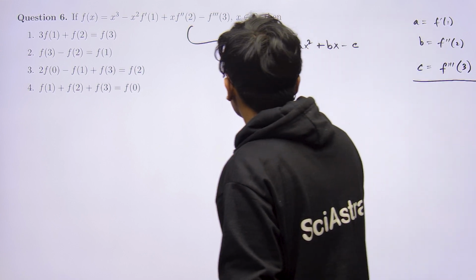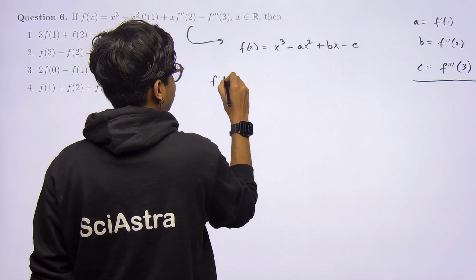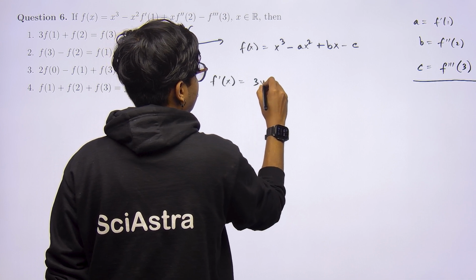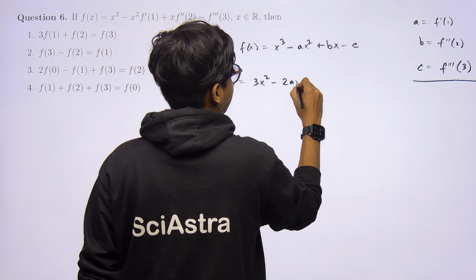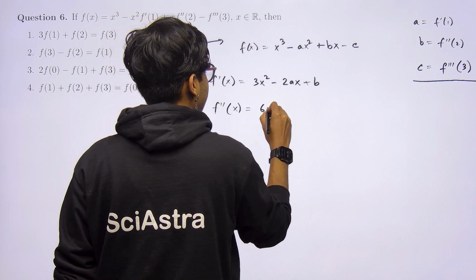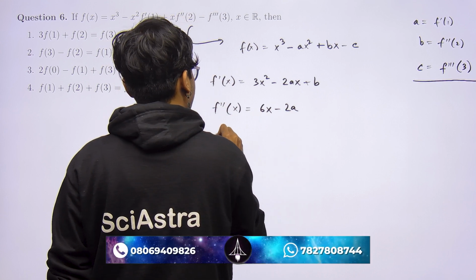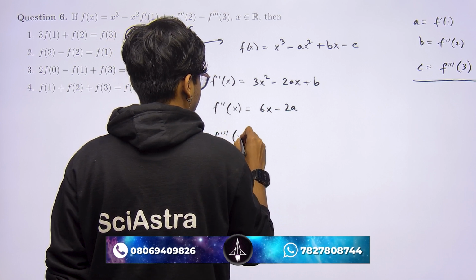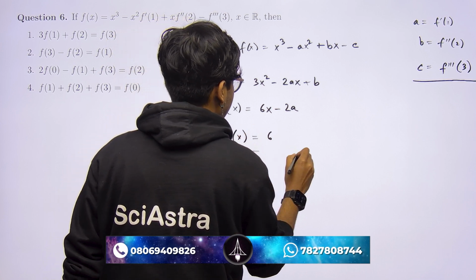Now using this, if I try to find the value of f'(x), it will turn out to be 3x squared minus 2ax plus b. f''(x) should be 6x minus 2a, and f'''(x) should be equal to 6, right?